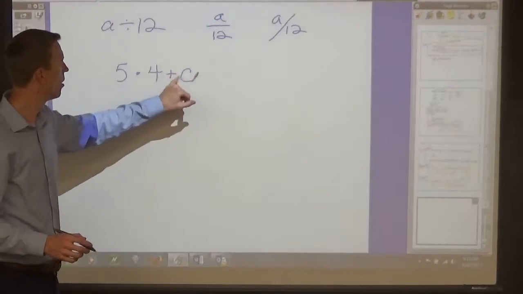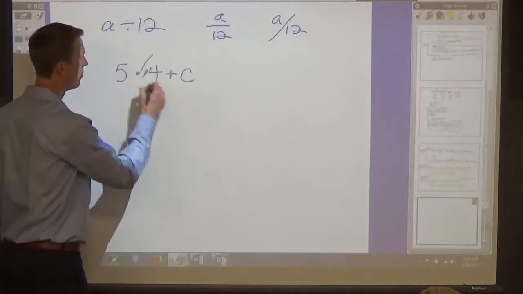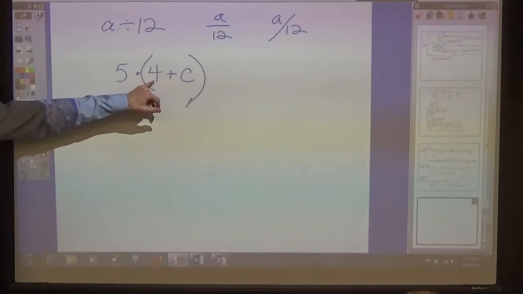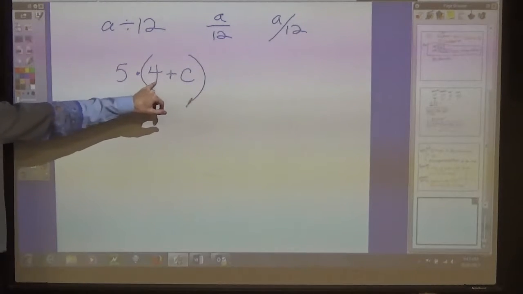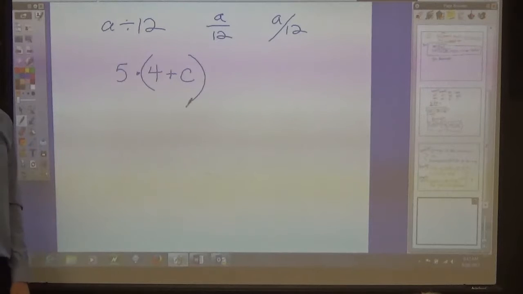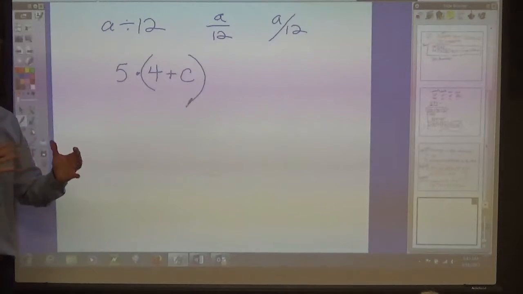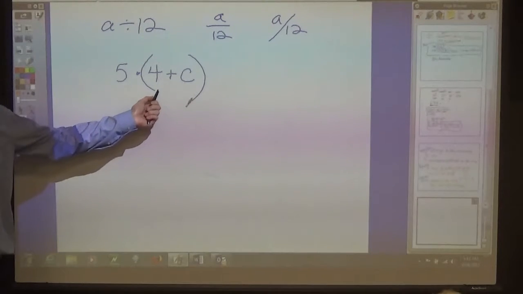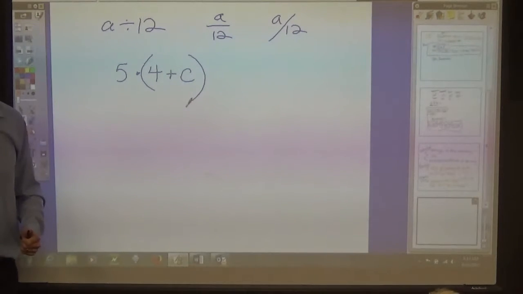If we wanted to add these two, we'd have to put parentheses around it first. Do you know why? Then we'd know to do the addition first. Yep. So 5 times, and then the quantity of 4 plus the number C. And then they wrote that one this way in your book. Okay?